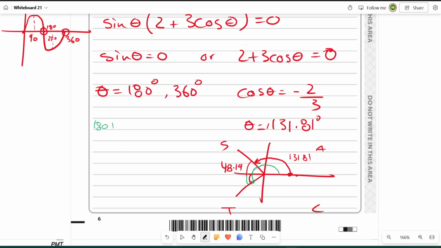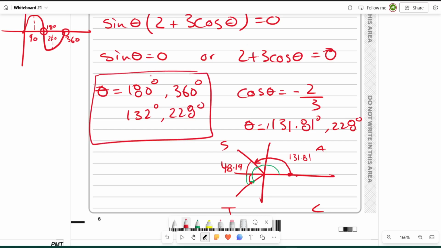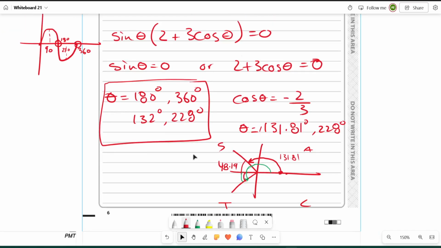So 180 plus 48.19 is equal to around 228. So that is also another answer. So all the answers, if I'm going to put them in order: 180, 360, and I have a 131, let's round it to 132 degrees, and 228 degrees. These are going to be my final answers for this question.